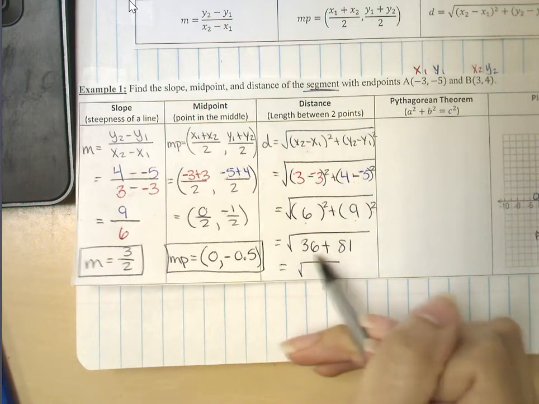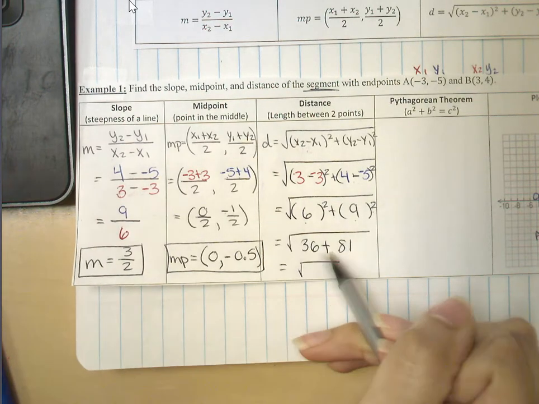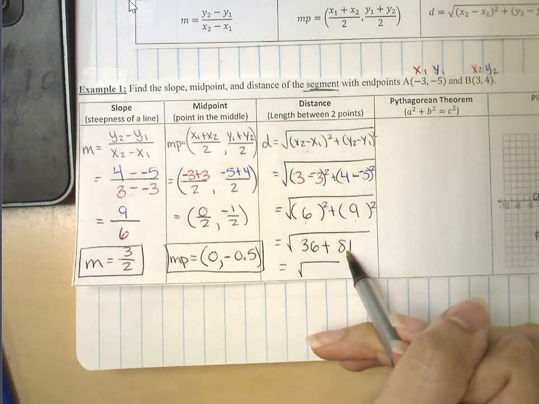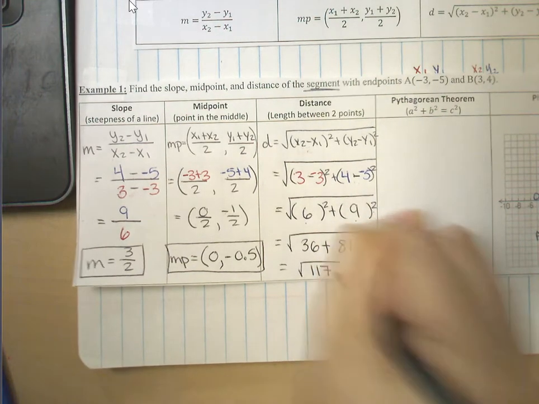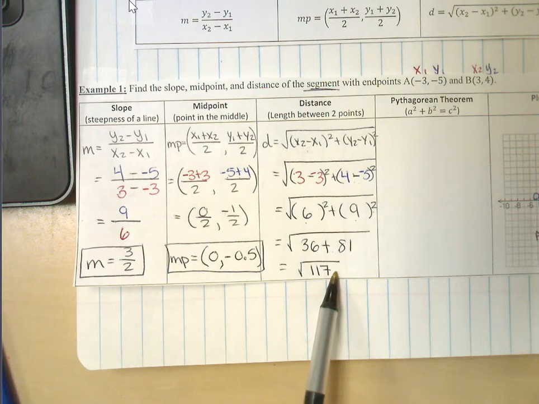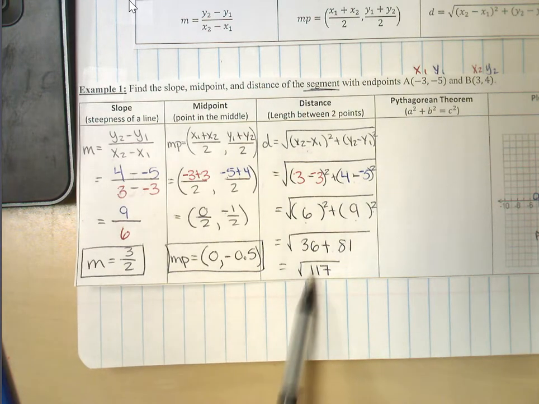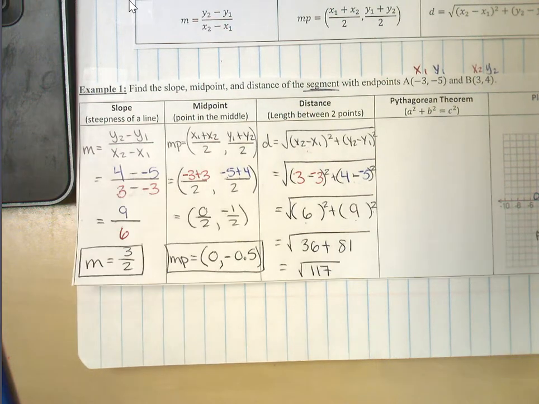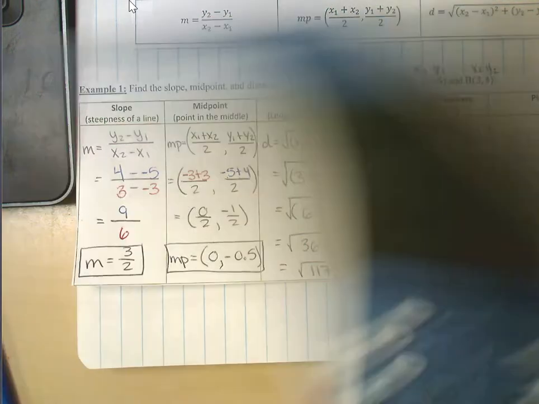Now I have to add those 2 things inside. So 36 plus 81, that gives me 117. And then for this part, I'm going to let you use a calculator, because later on this year you're going to find out how to simplify radicals. But for now, I'm going to let you use your calculator for the square root.